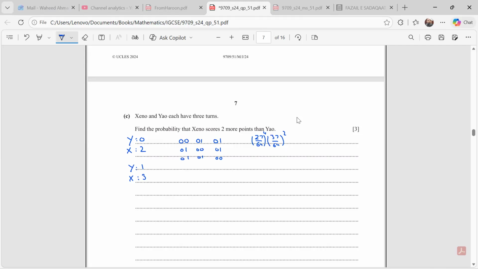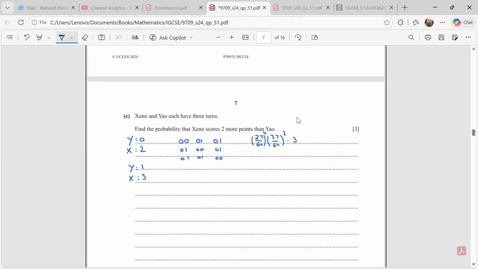Or in the first turn, Zeno gets 1 and Yao gets nothing, and so on. So there are three different possibilities, and each one has this probability, so the probability of all three will be times 3. Make sense?